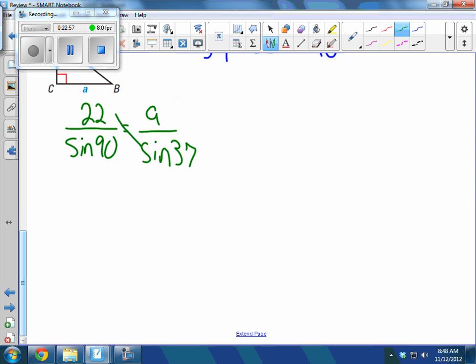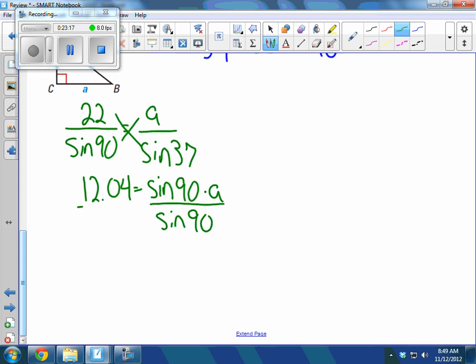So 20 times sine of 37 gives me about 12, maybe 12.04. And that means sine of 90 times a is the same thing. So now what I'm going to do is divide by sine of 90, which if you guys ever type into your calculator, you're going to see that it's actually just worth 1. So when I'm done, I actually get 12.04 as little a.